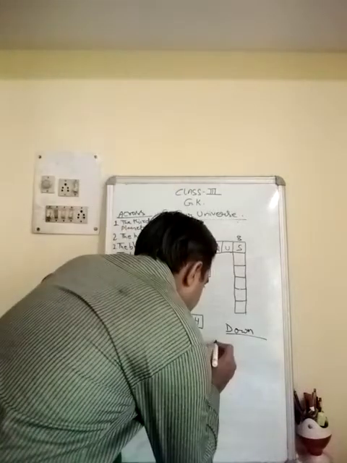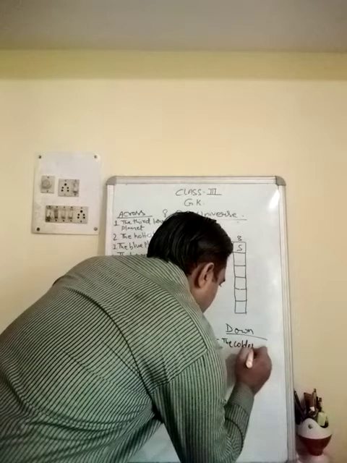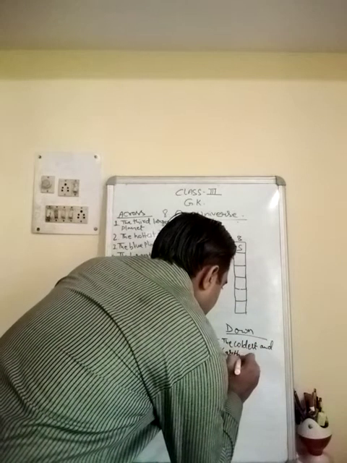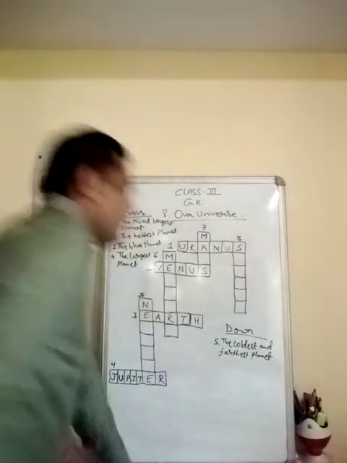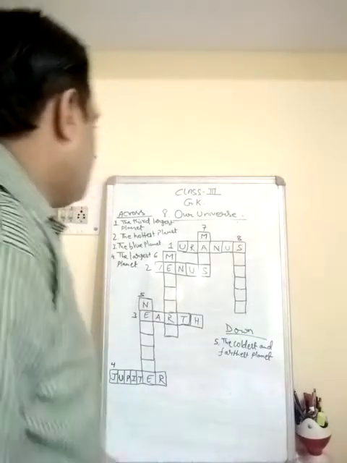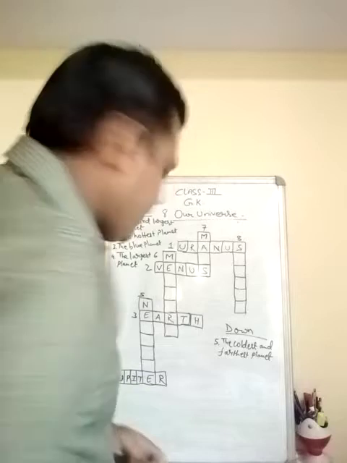Number 5. The coldest and farthest planet. Number 5 starts with N. I already told you which is the farthest planet.